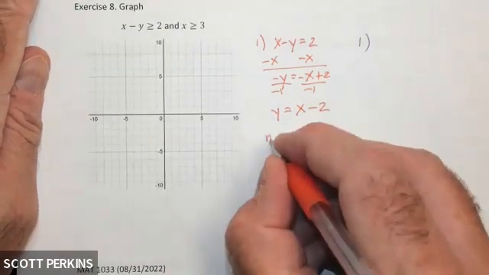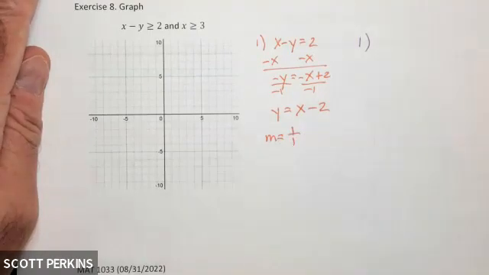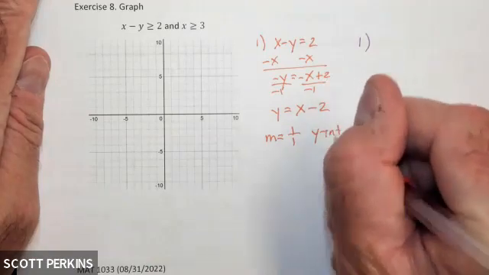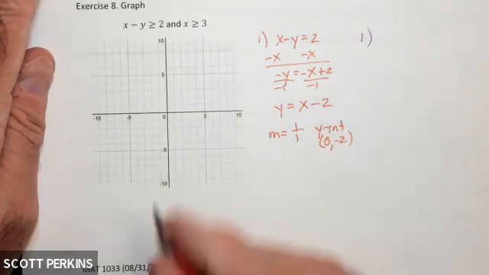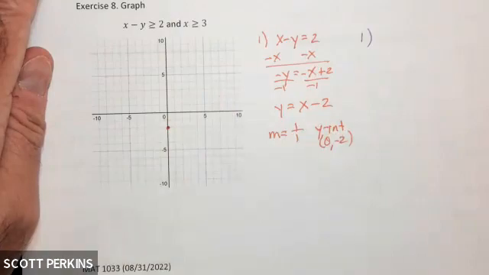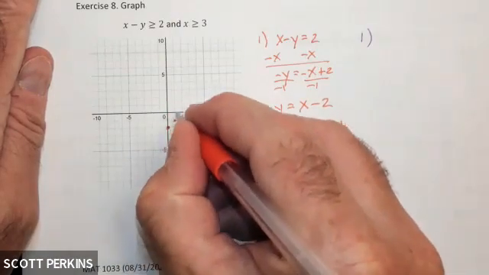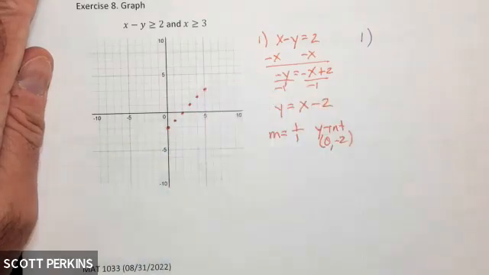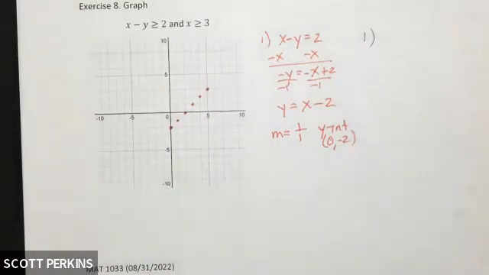So I see that my slope is 1, which I'm going to write as 1 over 1. So I have a rise and a run. And then my y-intercept is (0, -2). So (0, -2), I go down 2. 1 over 1, so up 1 over 1. We could do this all day, very relaxing. I'm going to connect those dots with a solid line.